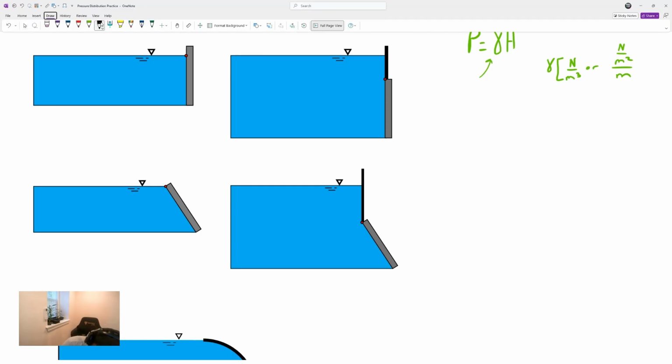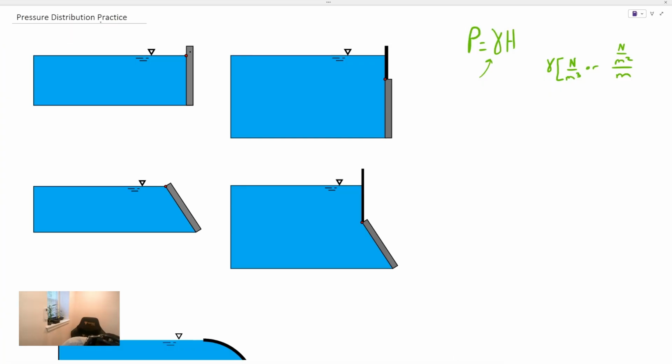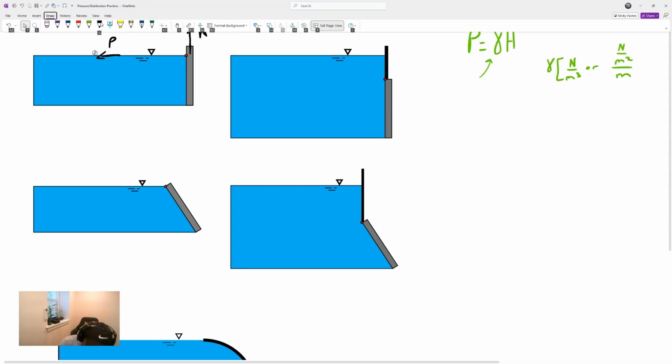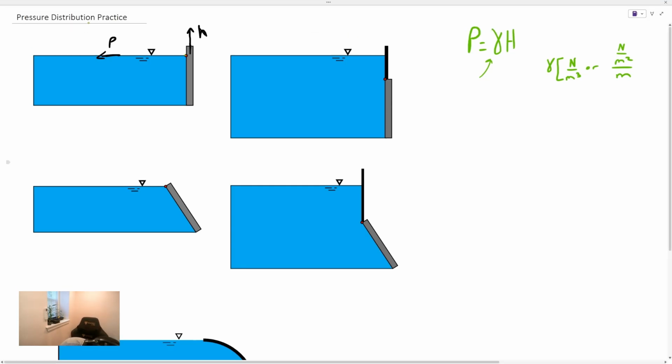If we put a coordinate system on the top of our surface here, we had a height h here, and a pressure p here. As you increase your depth in a static fluid, you're going to increase the pressure. You start off at 0 at the free surface and you descend in that static fluid.